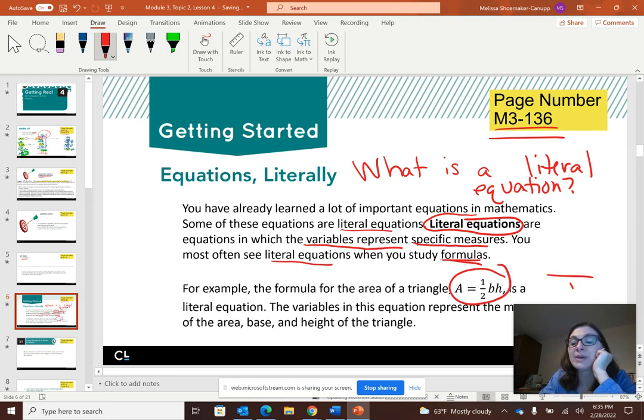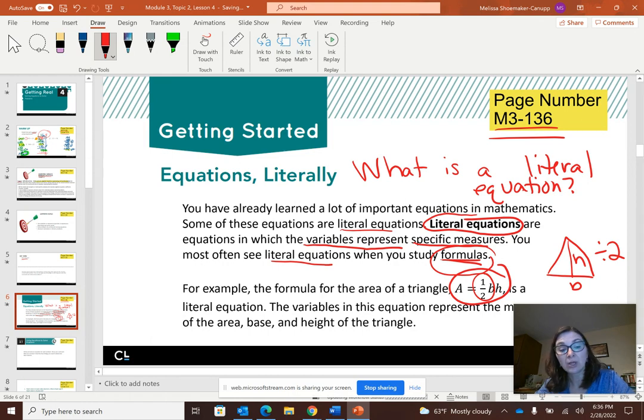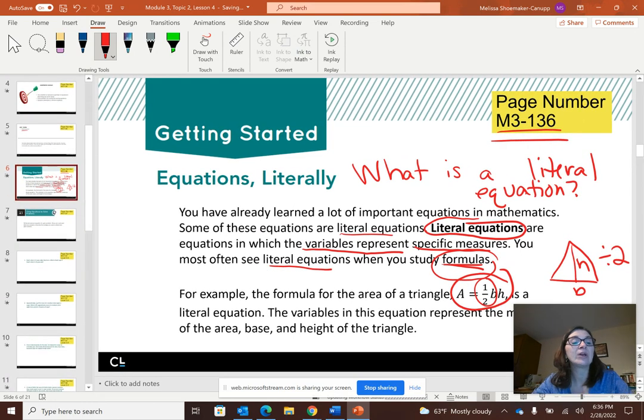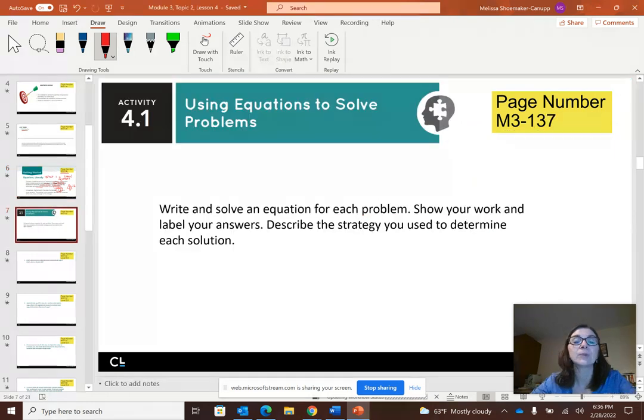Remember when we took the base times the height and then divided it by 2? That's what this is. Those equations that never change, we also sometimes call formulas, and they are literal. Nothing we do is going to change how to find the area of a triangle or a rectangle. Those are always going to stay the same. We call them literal.